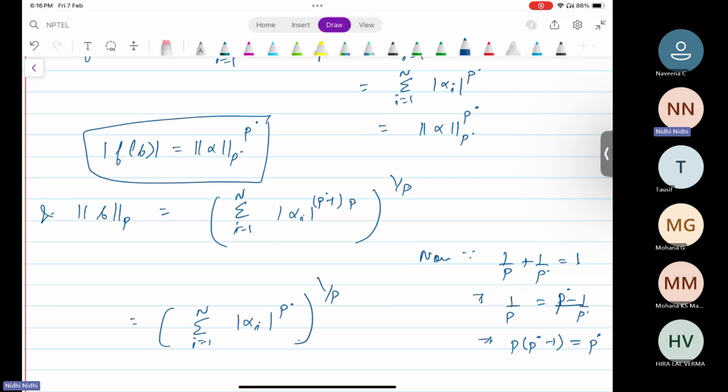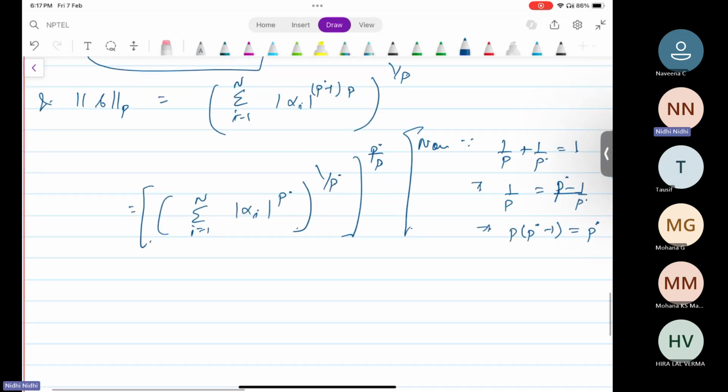Now I want the p star norm of alpha, so I'll take this to be equal to p star norm to the power p star by p. So everything is fine now.